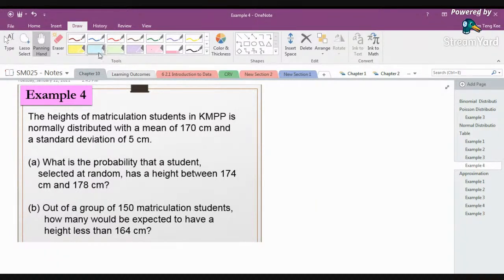Based on the first sentence, they say the height of the matriculation students in KMPP is normally distributed.